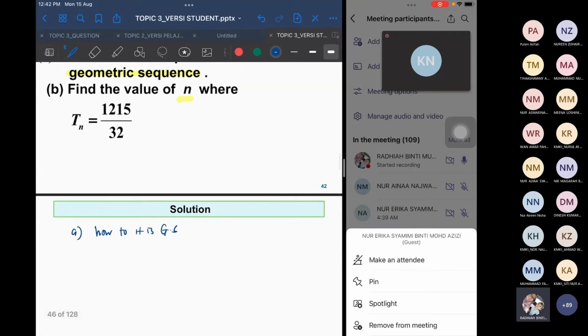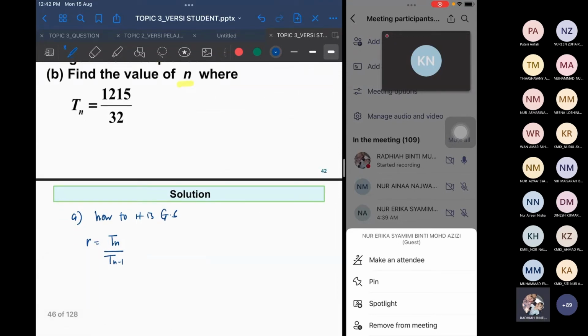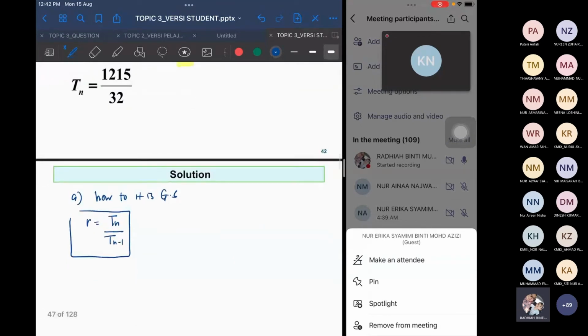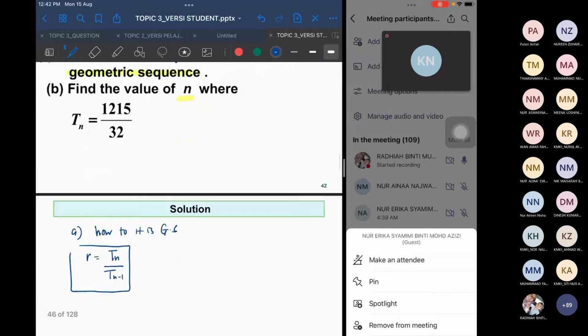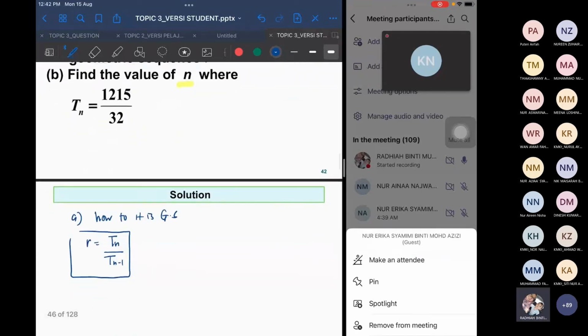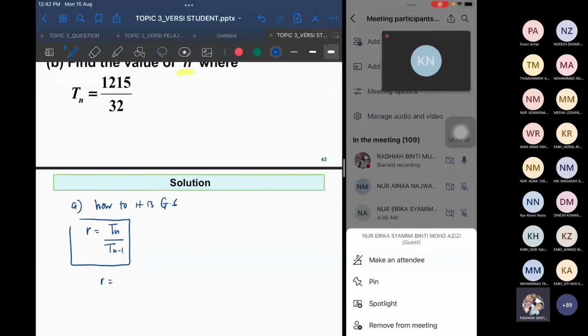So kita ingatkan kita punya R kita adalah Tn divide by Tn minus 1. Okay. So kita menggunakan common ratio kita ni. Okay. So kita punya Tn yang diberi tadi berapa dah? 5 darab dengan.